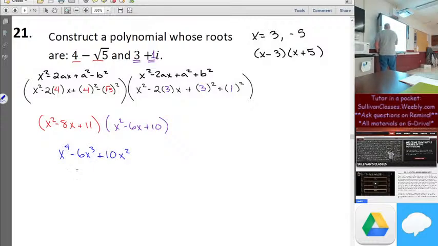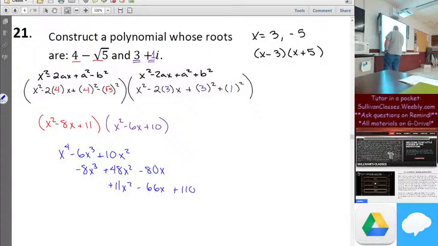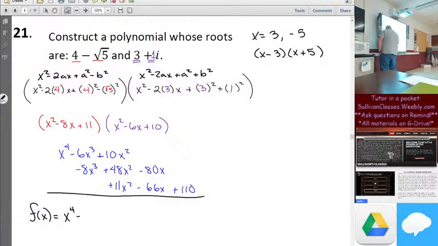Negative 8x times the stuff: negative 8x cubed plus 48x squared minus 80x. 11 times the stuff is 11x squared minus 66x plus 110. And finally, jam it all together. What's that? 58, 69. Yeah, nice. 69x squared minus 146x plus 110.